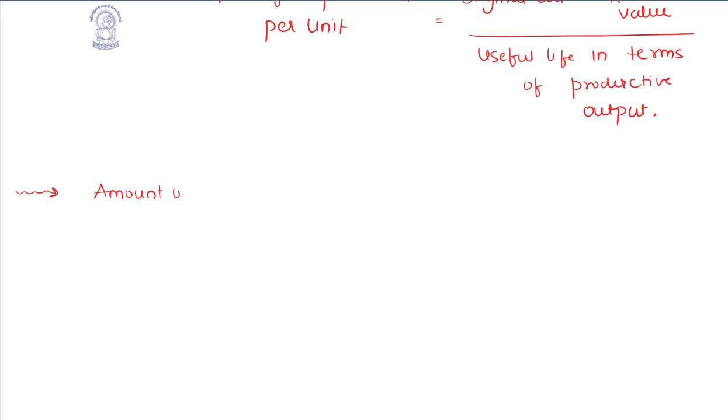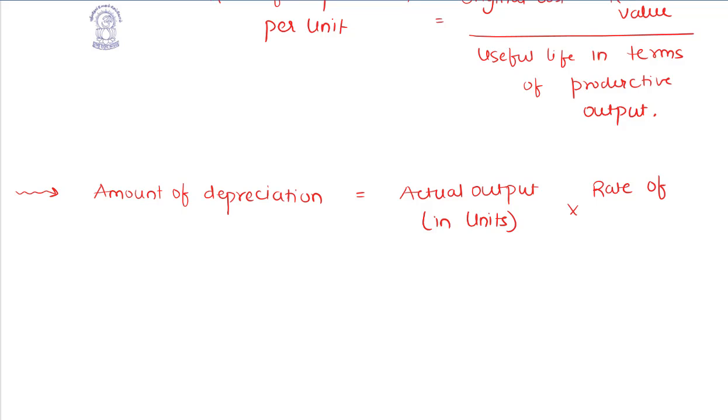Amount of depreciation equals actual output in units multiplied by rate of depreciation per unit.